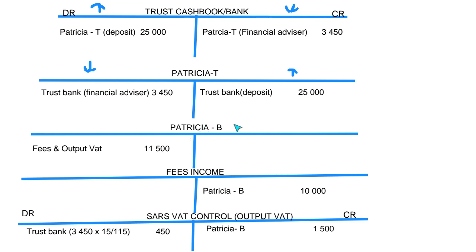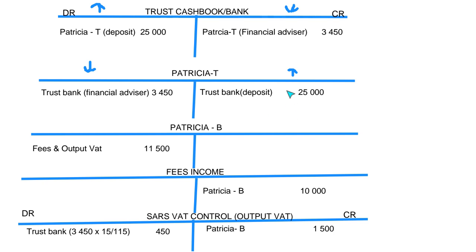As you can see here, Patricia business, this means Patricia owes us how much? 11,500, inclusive of our offer. Because this has been charged, in other words, the business is entitled to this amount of money, can we transfer the whole amount from Patricia? We can only transfer if Patricia's account has got enough.